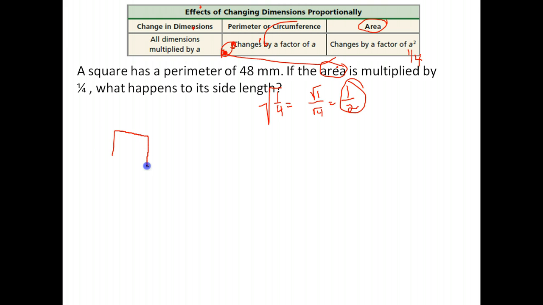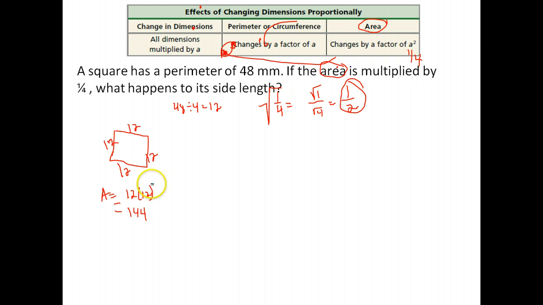If the perimeter of a square is 48, that means it has 4 equal sides. 48 divided by 4 is 12. So each side must be 12. What would its area be? Its area would be 12 times 12, or 144.